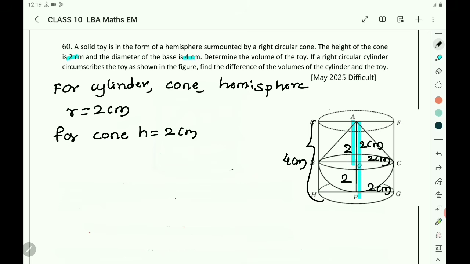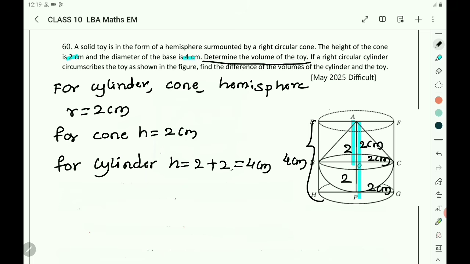For cylinder H equals 2 plus 2, 4 centimeter, that you can write 2 centimeter plus 2 centimeter. 2 is the height of the cone and 2 is the radius of the hemisphere, equals what? 4 centimeter.